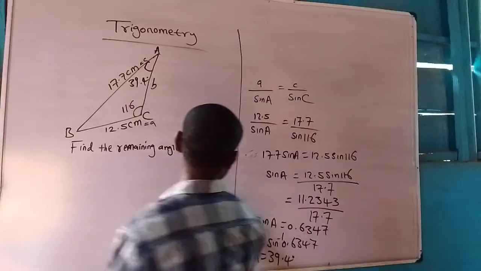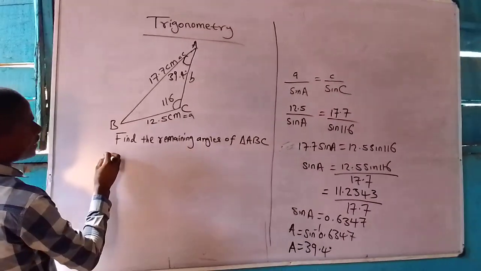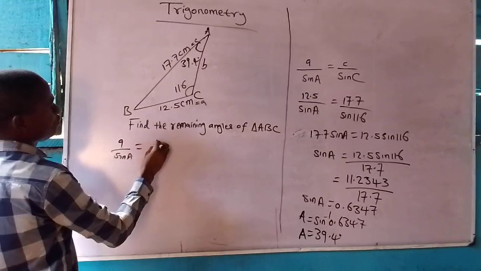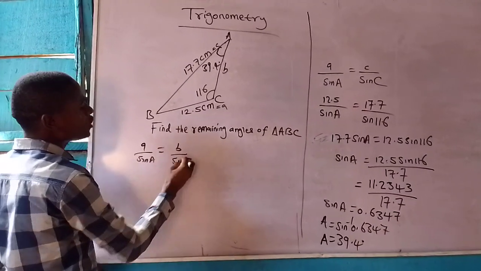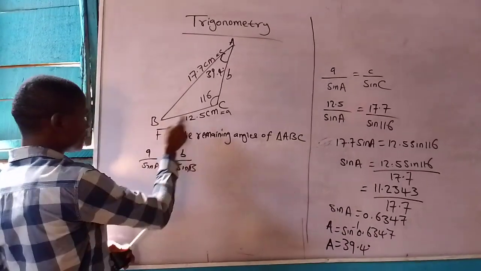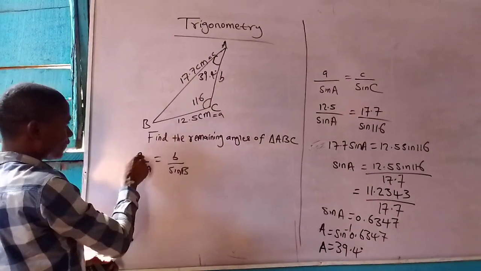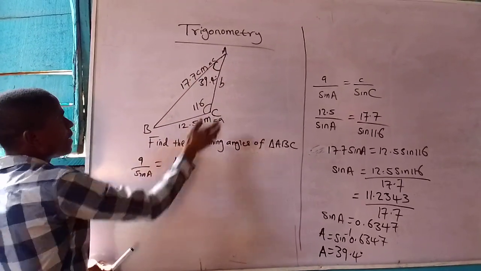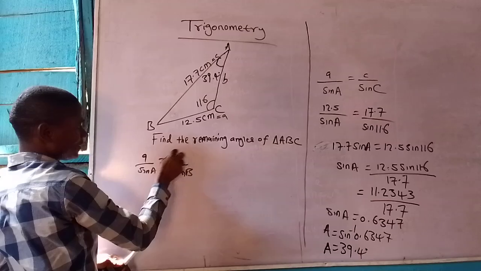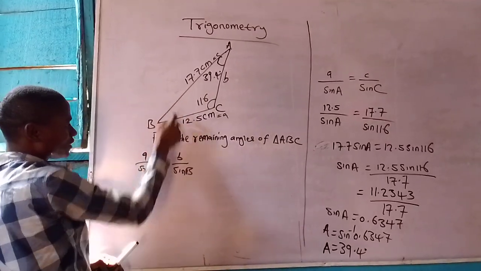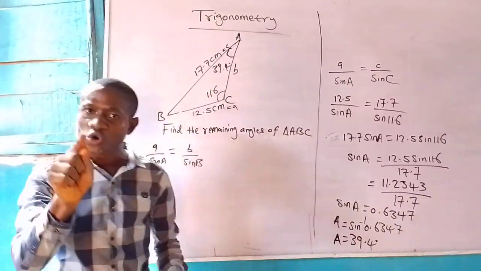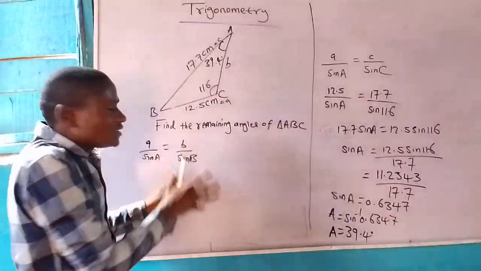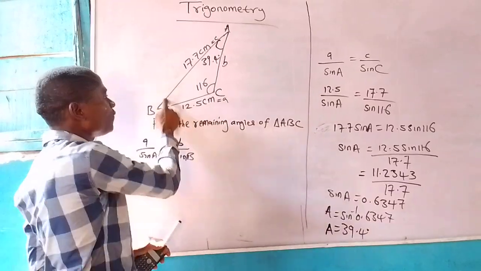For example, if you say let's apply the sine rule, a over sine A equals b over sine B, you know it will not work. Why? Because we know a as 12.5 and we know this angle as 39.4, but here we don't know this side and we don't know this angle. There is no way you can solve two unknowns in one equation. That makes it invalid to apply the sine rule in finding this angle.